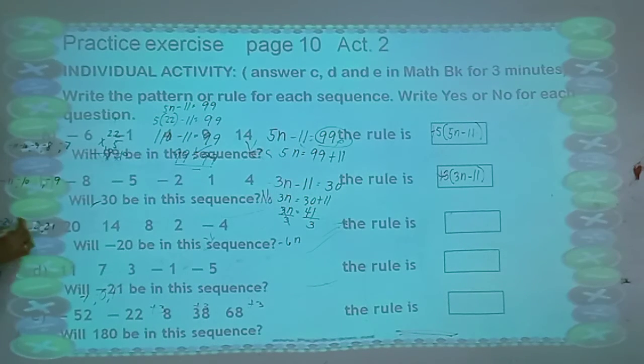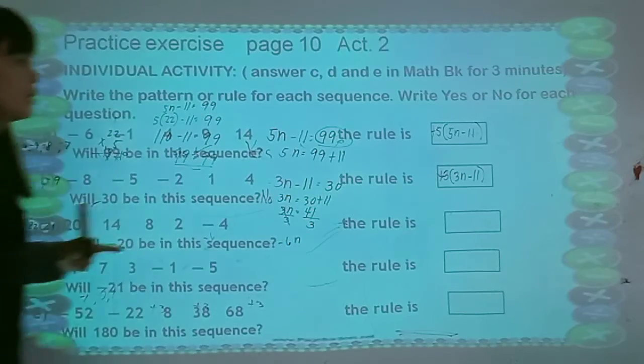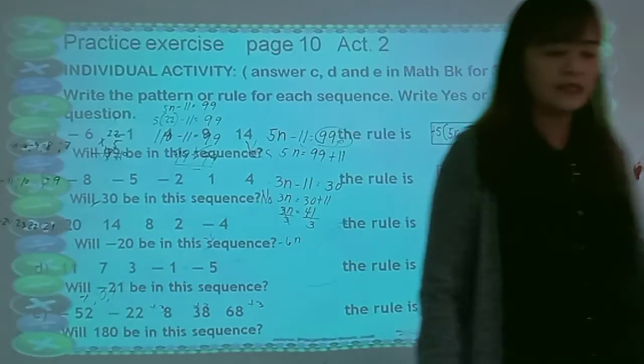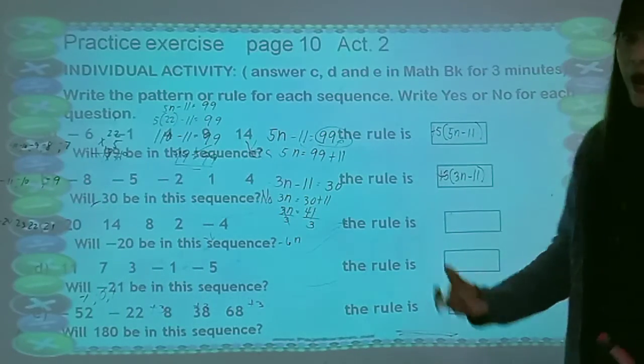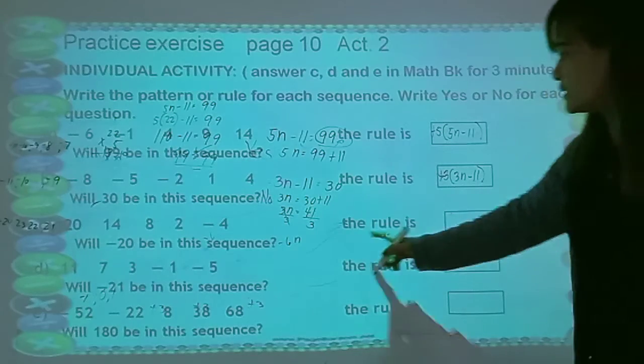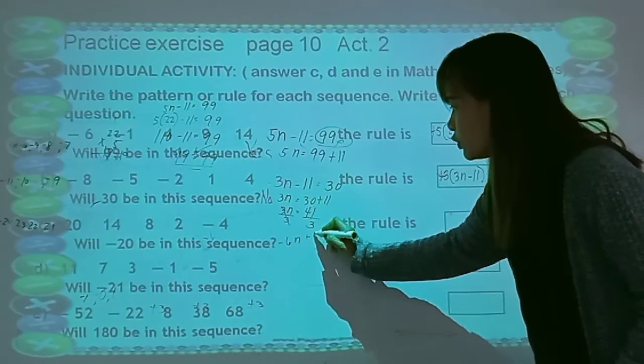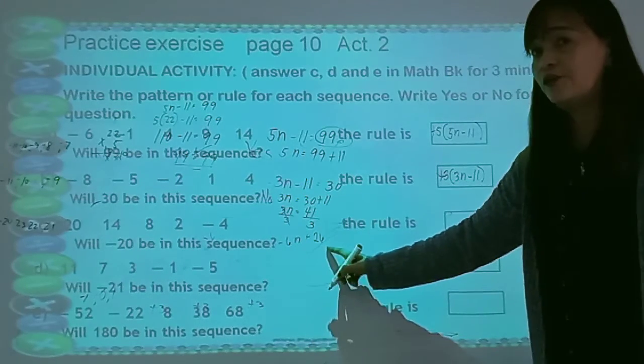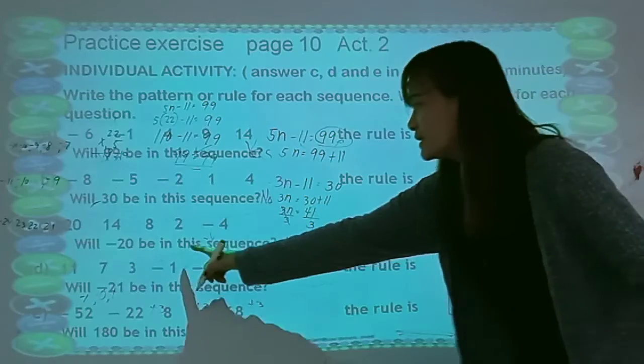So 1, 2, 3, 4, 5, 6. So therefore, class, the previous number is 26. So we are going to use negative 6n plus 26. Can you understand?